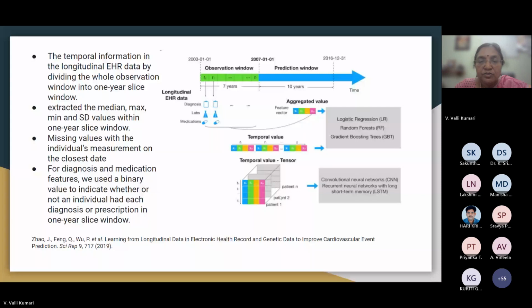And also for convolutional neural networks, LSTMs or recurrent neural networks, any deep learning based model, you build a tensor out of these temporal values and then feed it to them. So this is one very interesting paper you can start with.